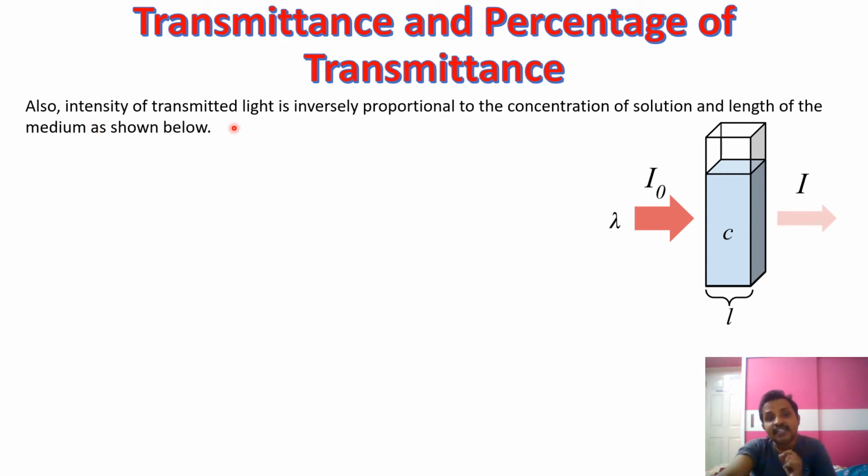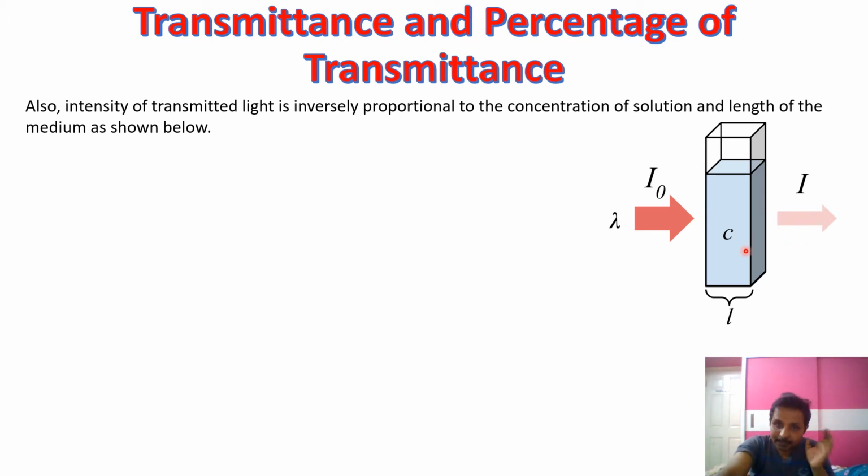The intensity of transmitted light is inversely proportional to the concentration of the solution and the length of the medium, as shown below. If the concentration of the sample is higher, then the maximum amount of intensity is absorbed by the sample, so the intensity transmitted will be smaller.